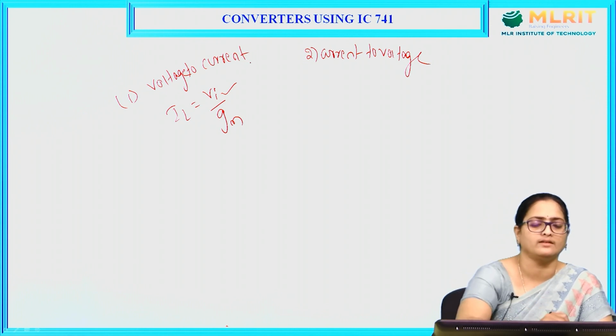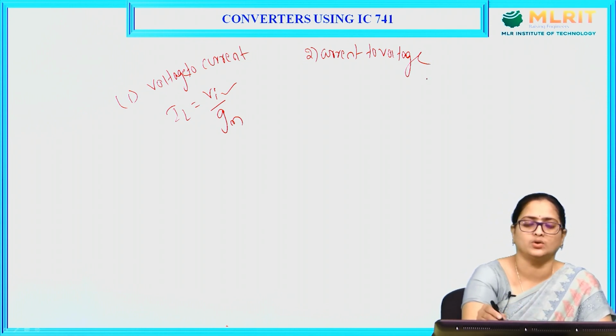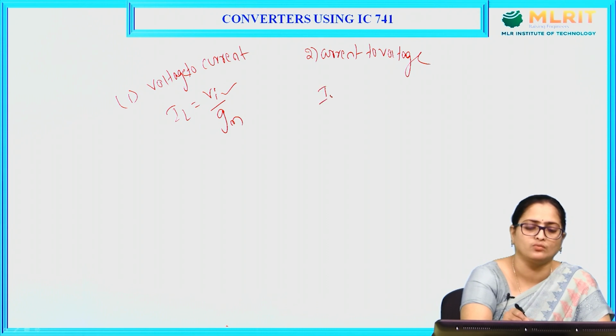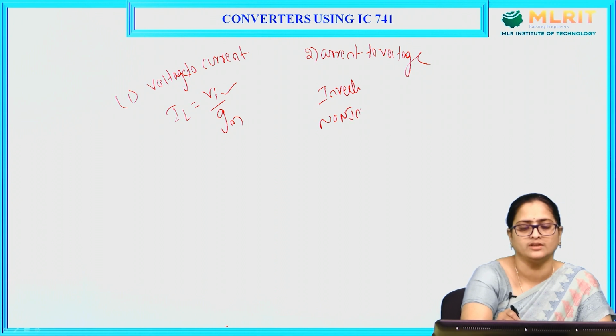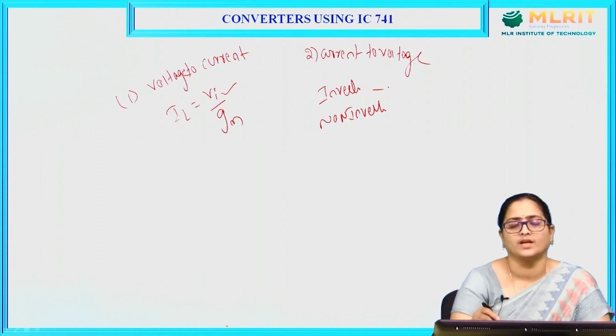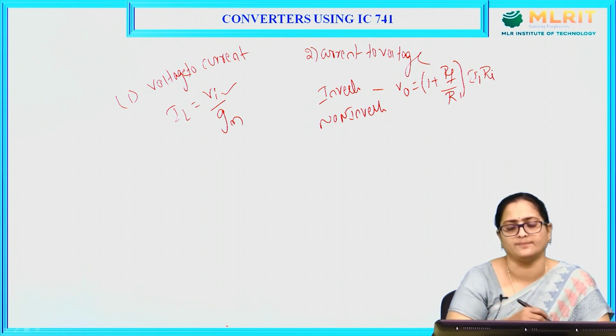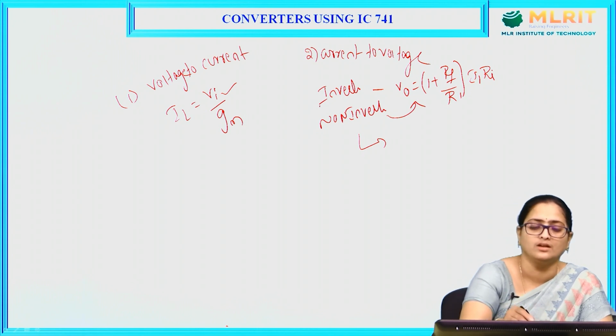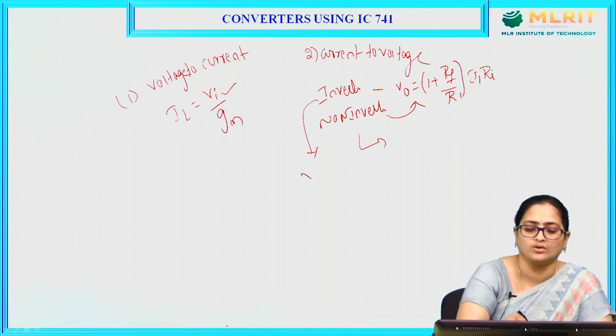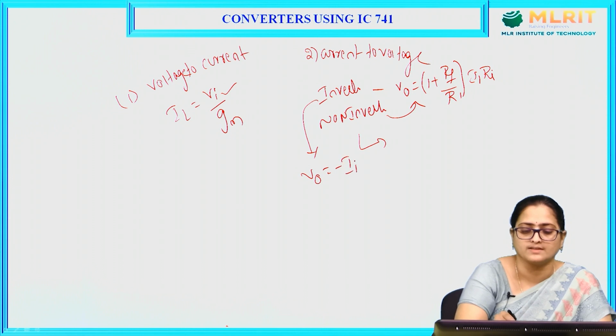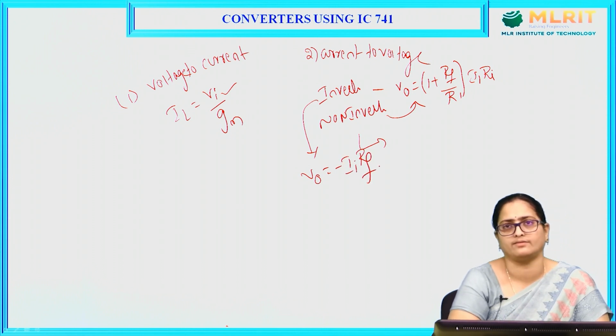Coming to current to voltage converters, we have non-inverting current to voltage and inverting current to voltage. For non-inverting, we got V0 is equal to 1 plus Rf by R1 into II into Ri, whereas for inverting we got V0 is equal to minus II into Rf. Thank you.